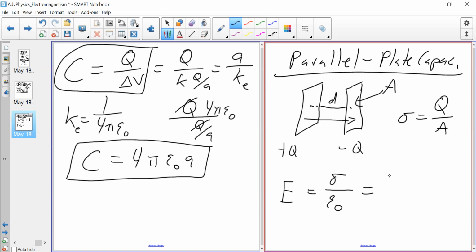And that just becomes Q over A for sigma, over epsilon naught. Or written better, Q over epsilon naught times A. So this is a way of expressing the electric field between a capacitor where we have surface area for each of the plates.